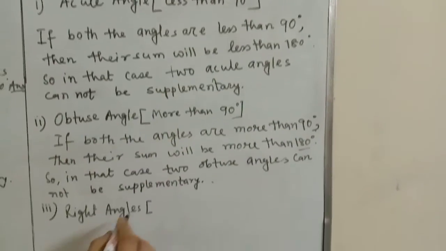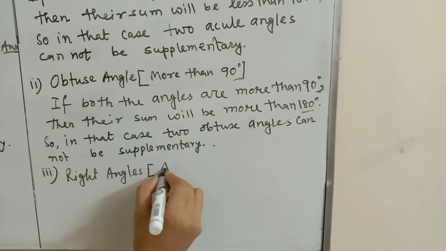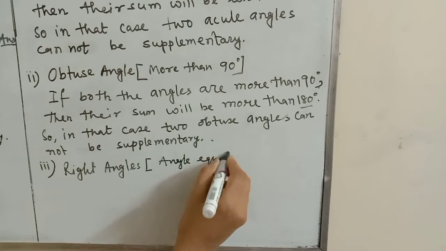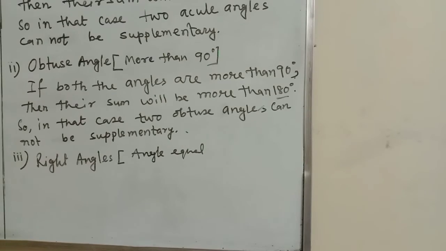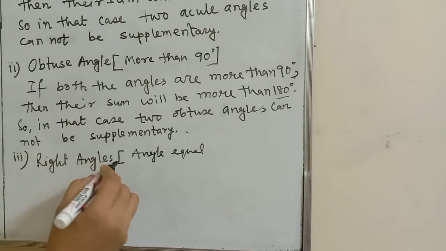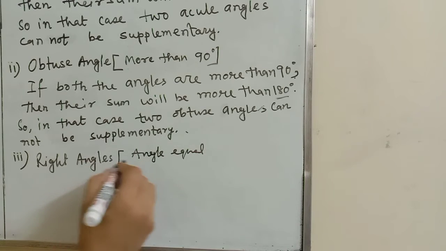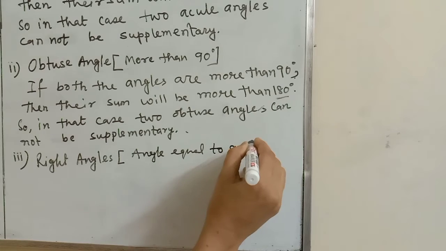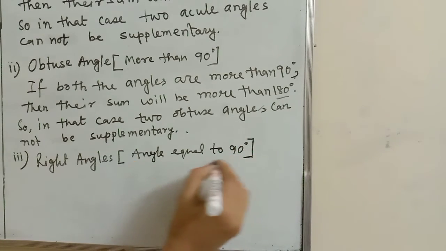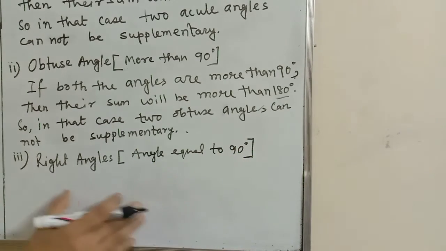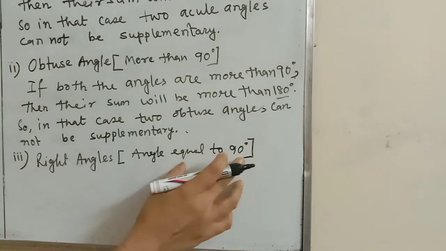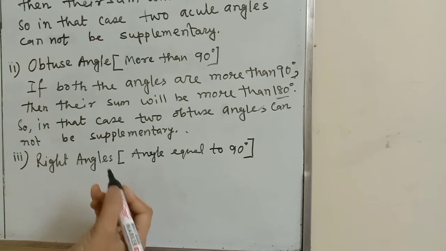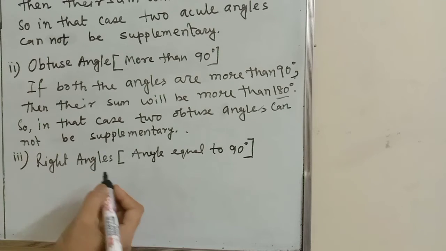You know that a right angle means an angle equal to 90 degrees. Both the angles are right angles. When the measurement of an angle is equal to 90 degrees, we call it a right angle. So when both angles are 90 degrees, they can make 180 degrees, since 90 plus 90 is 180 degrees.